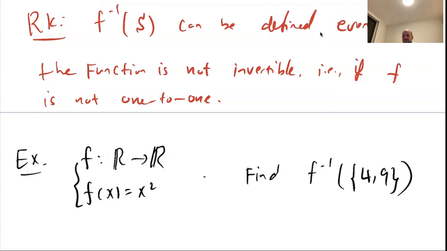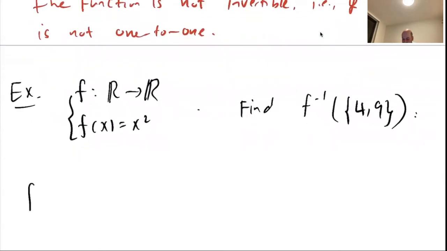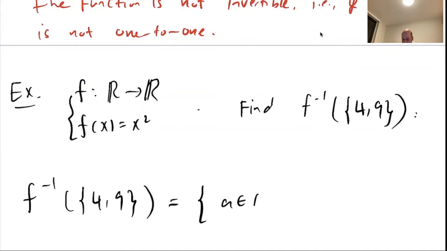F inverse of a set, {4, 9}. How can I find it? So f inverse of {4, 9}, according to my definition, is the set of all elements a inside the domain such that f of a belongs to my set {4, 9}.